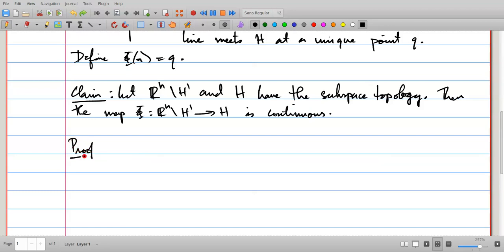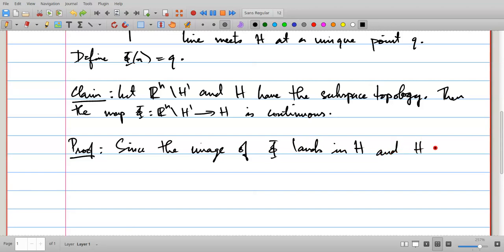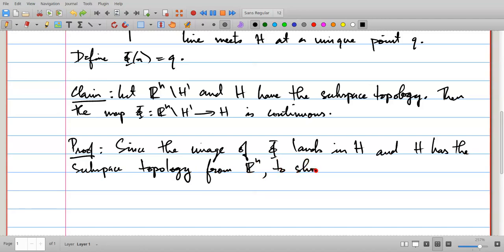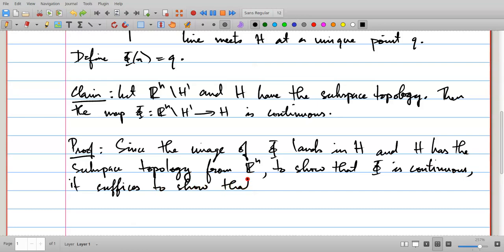So let us prove this. So since the image of phi lands in H, and H has a subspace topology from Rn, to show that phi is continuous, it suffices to show that phi from Rn minus H prime to Rn is continuous.